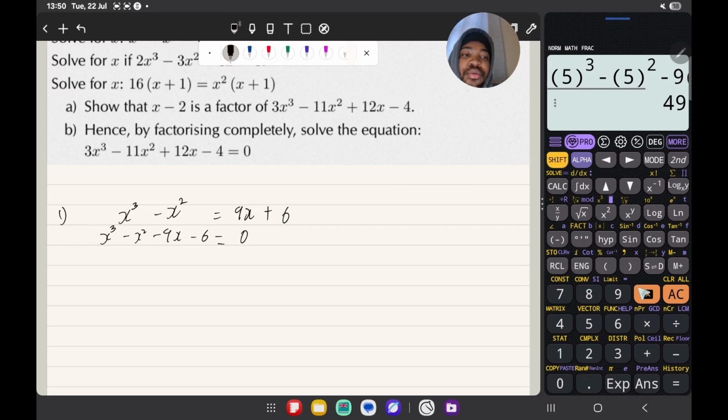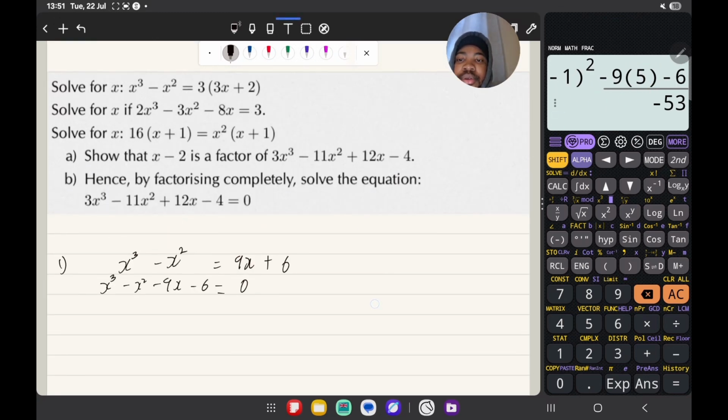Cool. So -1, -2. -1 almost worked, but nope.